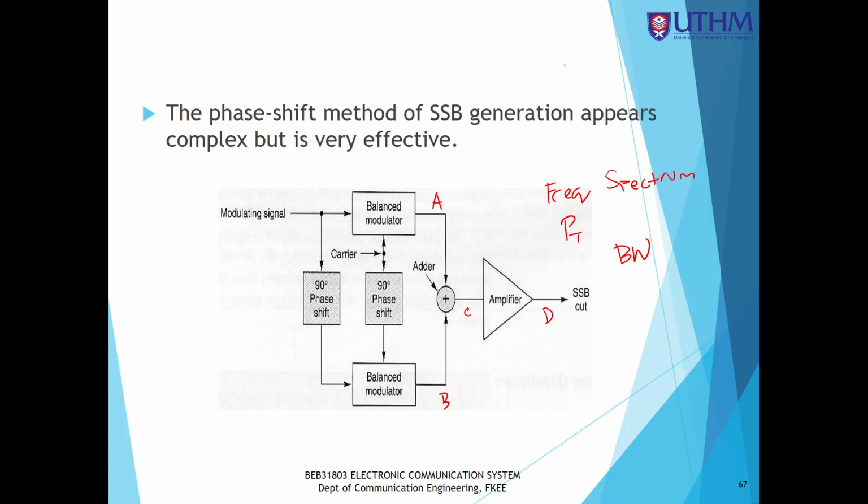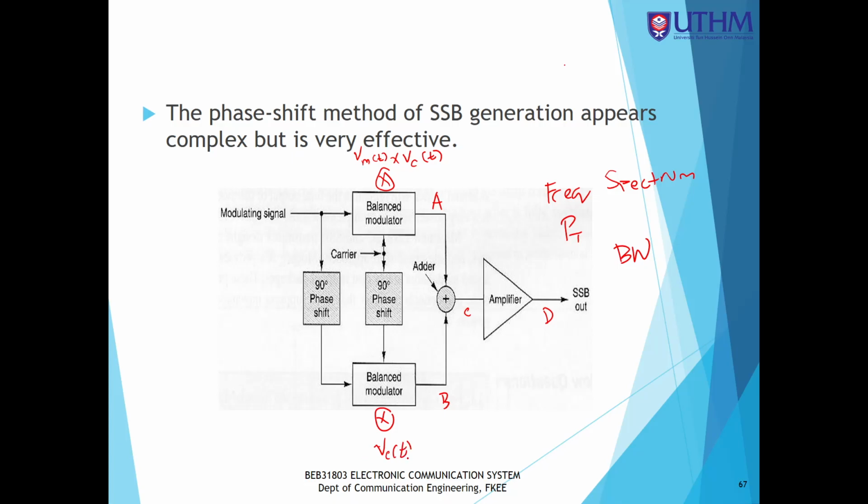For your information, again I repeat, the balanced modulator does the process of multiplication. That means it will multiply both of the inputs. It will multiply the VM(t) and also the VC(t) in the time domain.